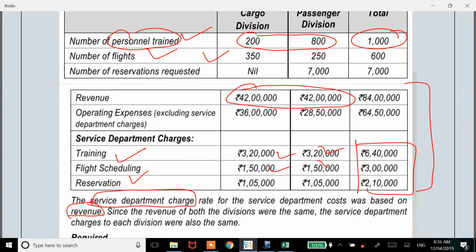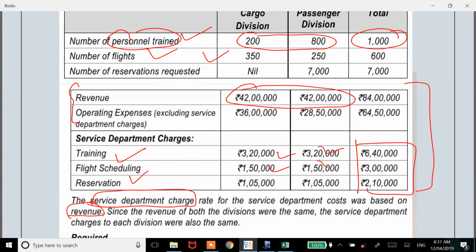Like operating expenses and revenues, ABC will not have any say. Operating expenses are for that division, material cost is for that division, labor cost is for that division, design cost is for that division. ABC will not have any say there.